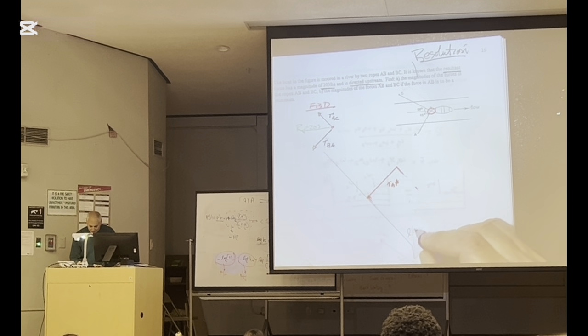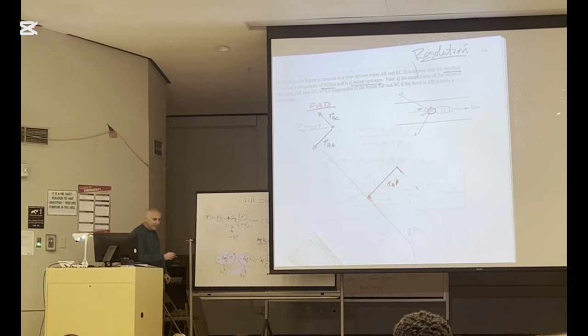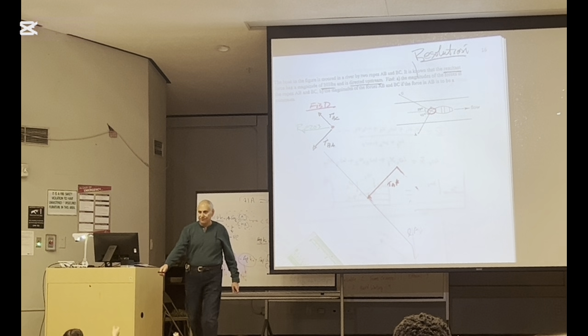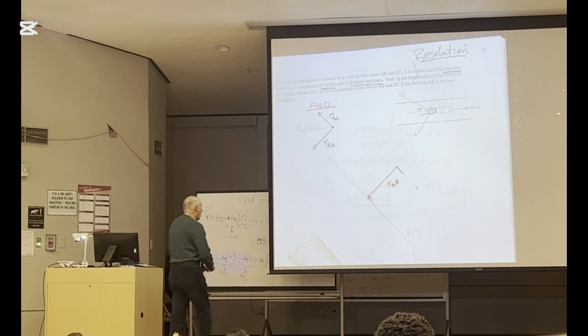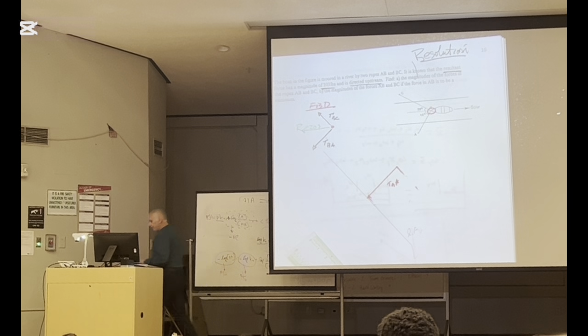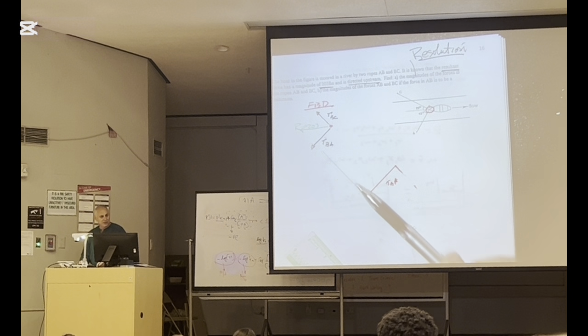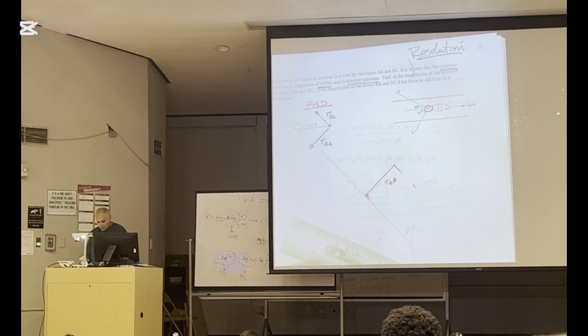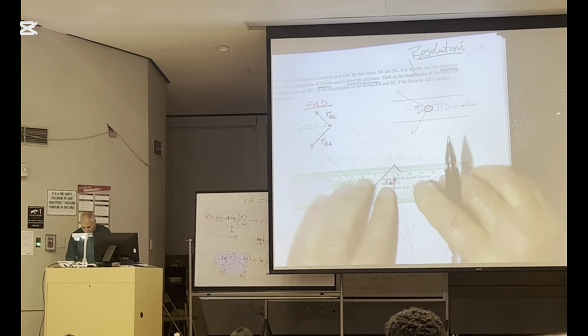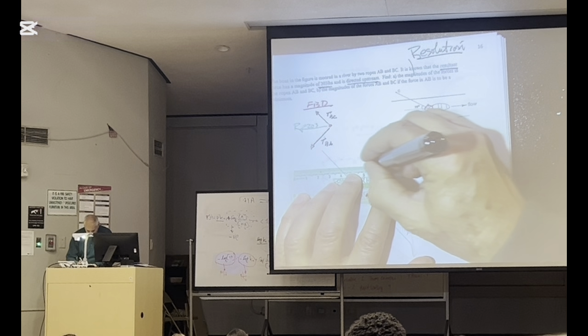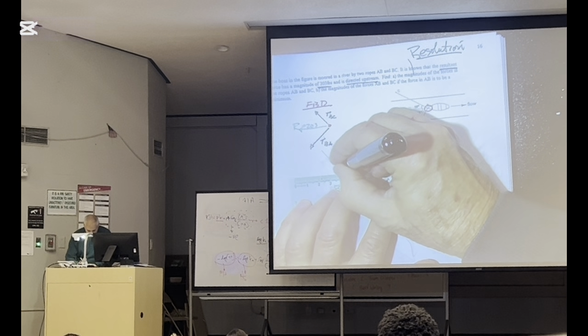That is the line of action of BC. Agreed? So I have to draw a vector along here someplace, plus a horizontal line, like so.